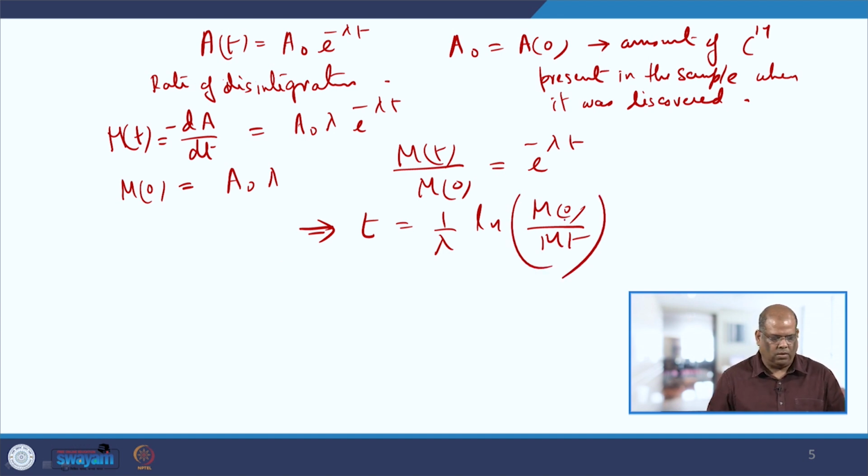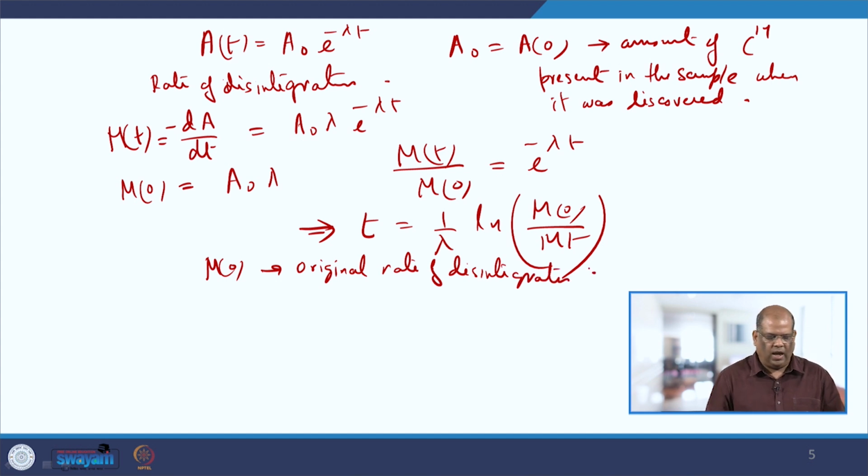M0 is the original rate of disintegration at time t equal to 0, and t gives the age of the sample, provided you can measure M0 and M(t).